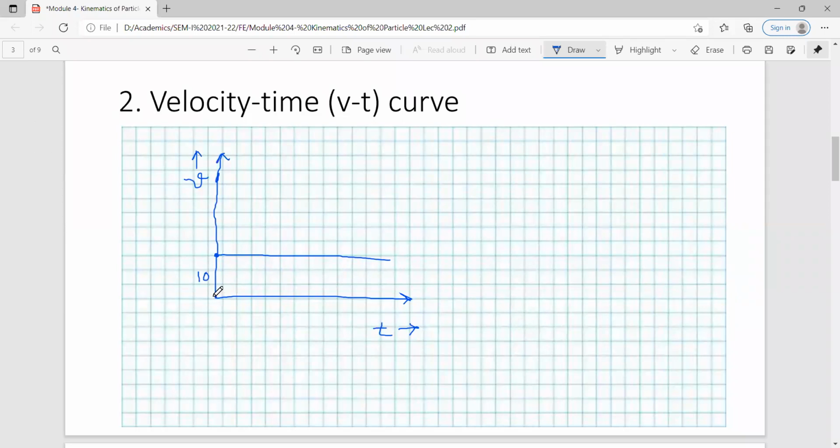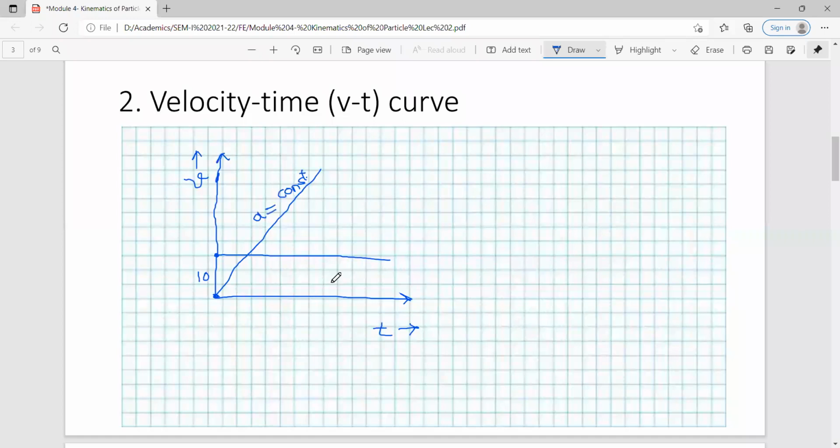So I will get a graph like this. A line whose slope is constant. So you can say that here acceleration is constant. And what is acceleration?